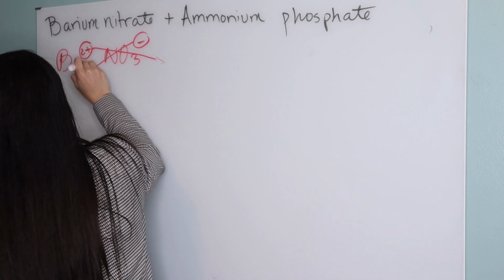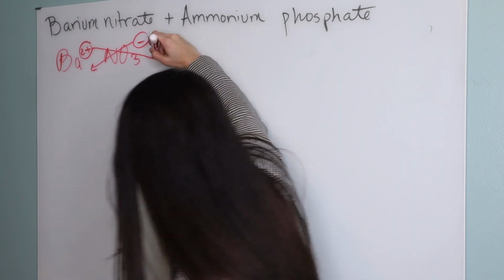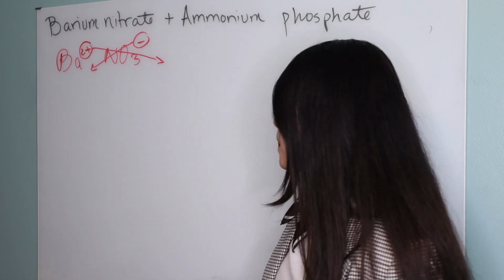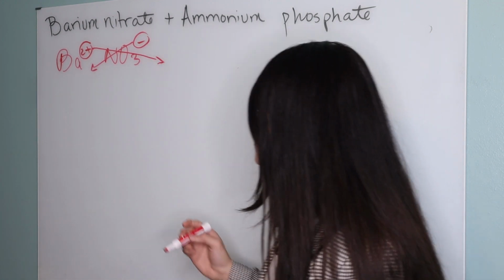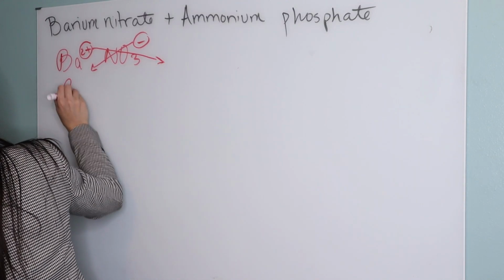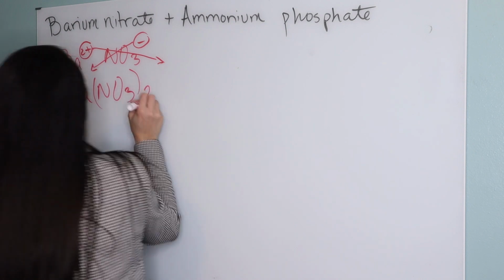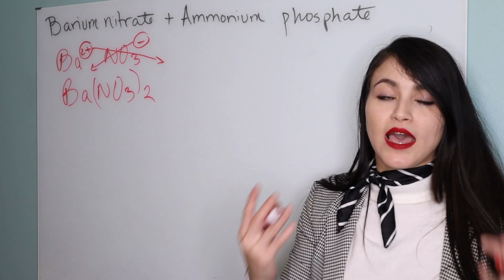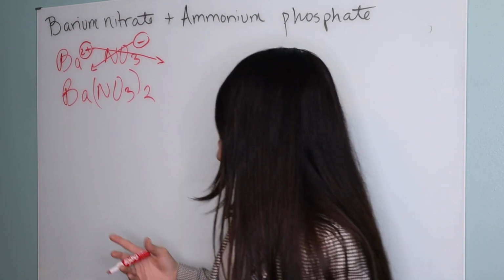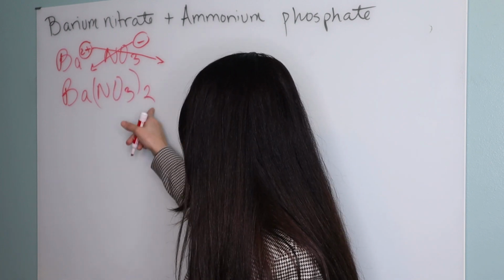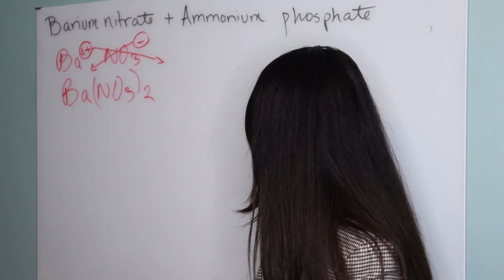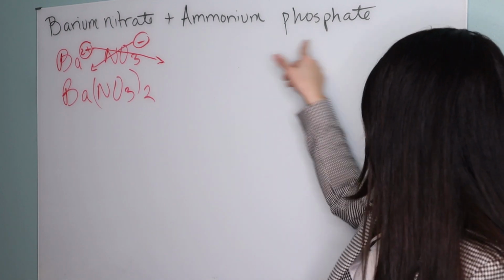Take the charge and go down and across. Okay. And your final is going to be this. I put the parentheses because we have a polyatomic ion, so it's important that you put the parentheses and then the number after.